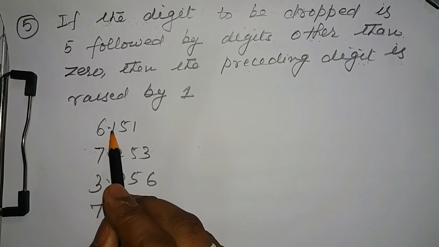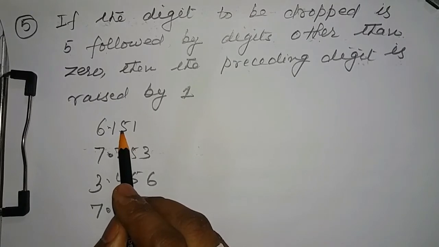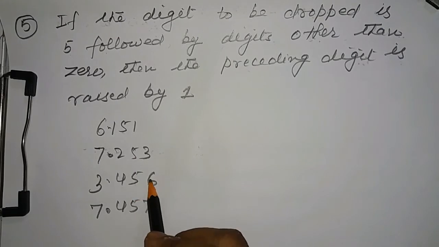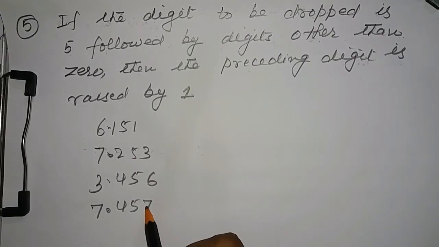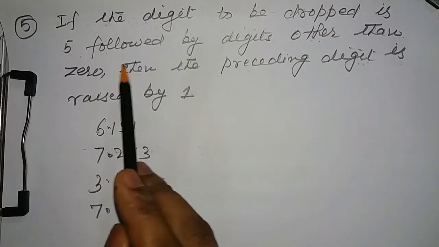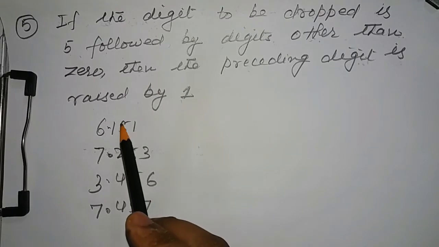When I write in two significant figures, I have to drop 5. When I drop the 5, 5 is followed by 1, here 5 is followed by 3, 5 is followed by 6, 5 is followed by 7. Then what is the rule? If 5 is followed by a digit other than 0, then the preceding digit is raised by 1.